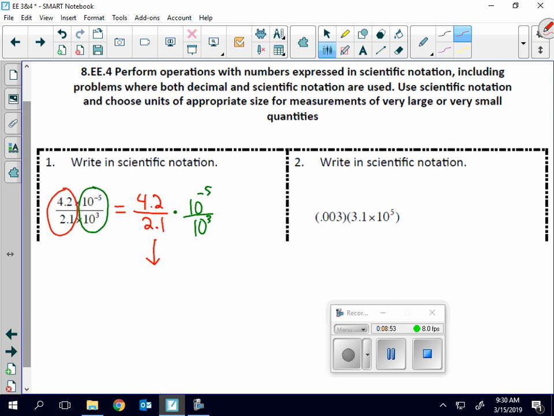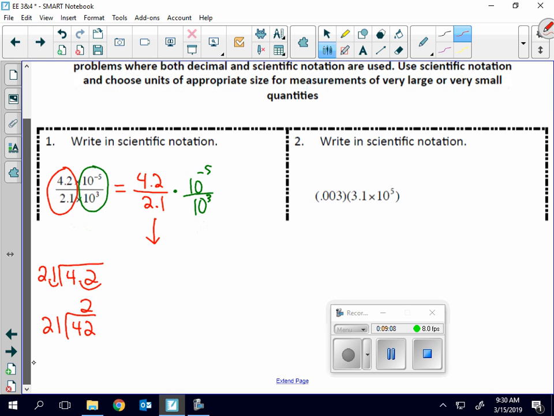If you need to, on the side, you can do your 2.1 into 4.2. Remember, top dog goes in the house. We'll move our decimals. So this is really 21 into 42, and that goes exactly twice. So that's why I said this one is easy. 2 times 21 is 42.